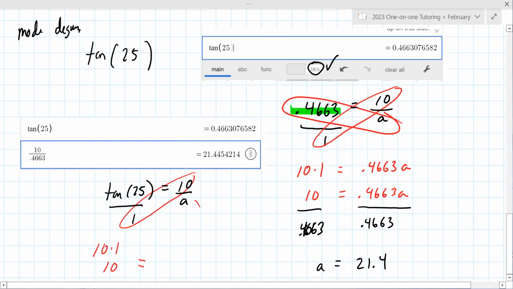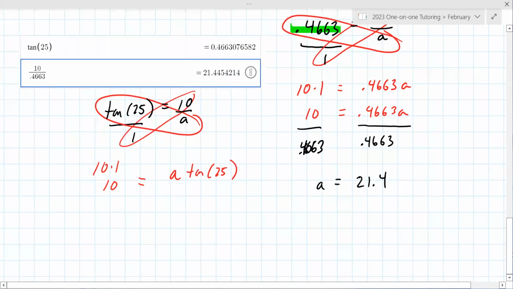And then we take A and multiply by the tangent of 25, A times the tangent of 25. This is the same as 0.4663A. And then you're going to divide both sides by tangent of 25.